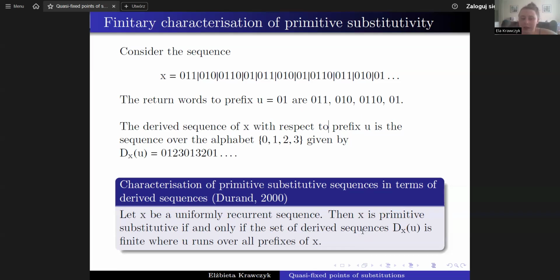Of course, using the finiteness of this set of derived sequences, you can compute the substitution. However, this is something inherently in the sequence when you know that the substitution exists, but you only look at the sequence. And then, not surprisingly, this is what was used originally in the Holton and Zamboni paper to prove the result I stated.